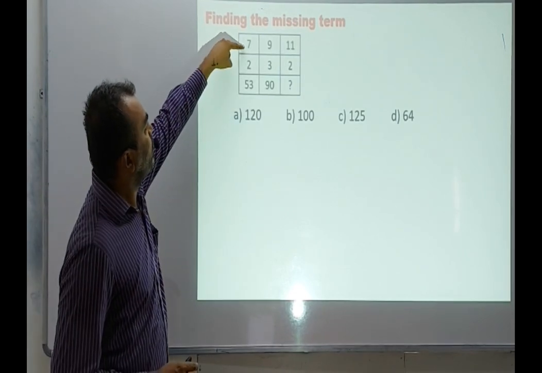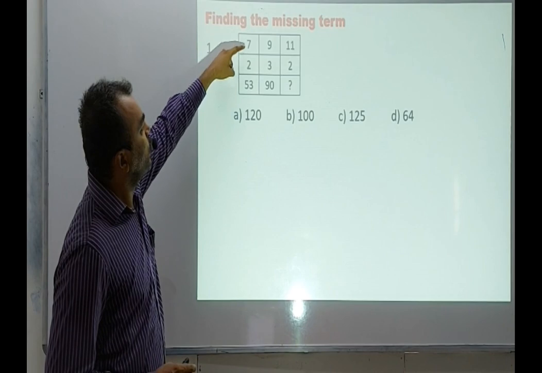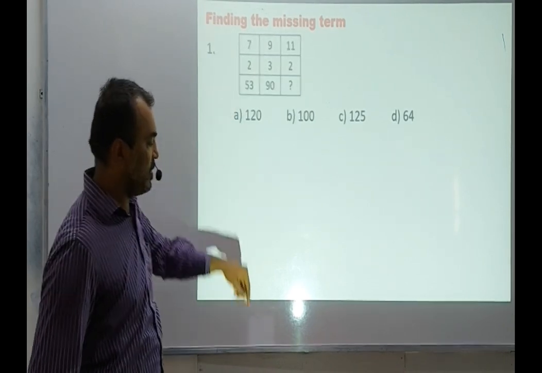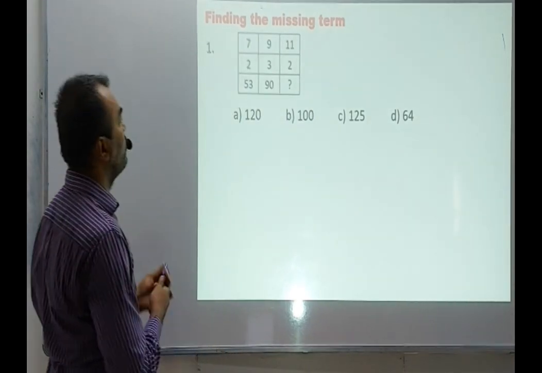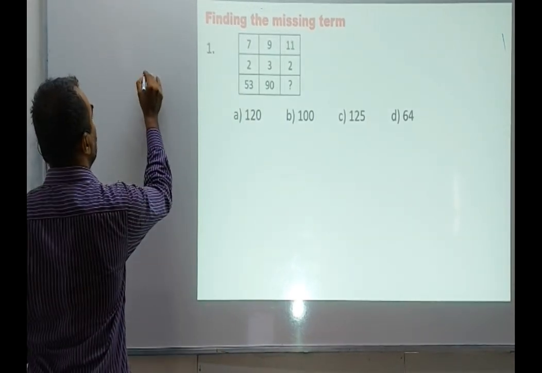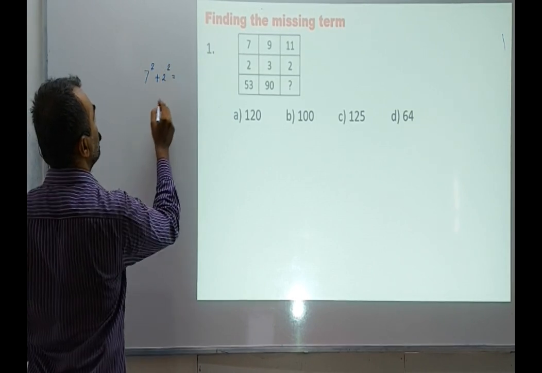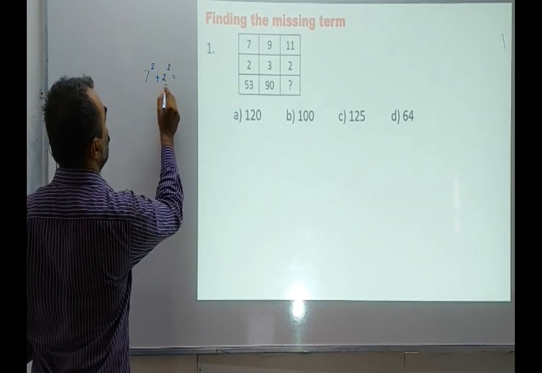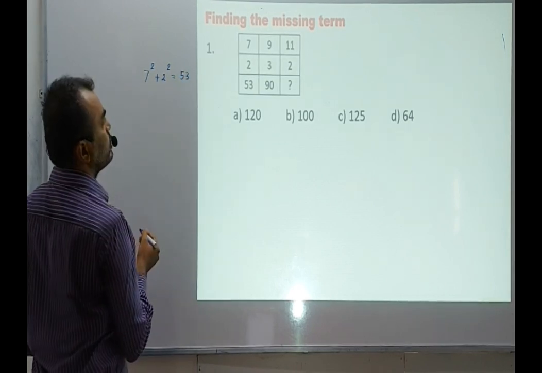Now 7 square is 49, 2 square is 4. So 49 plus 4 will give us 53. I think you see the first item of the pattern. The number is 7 square plus 2 square: 49 plus 4 gives us 53.